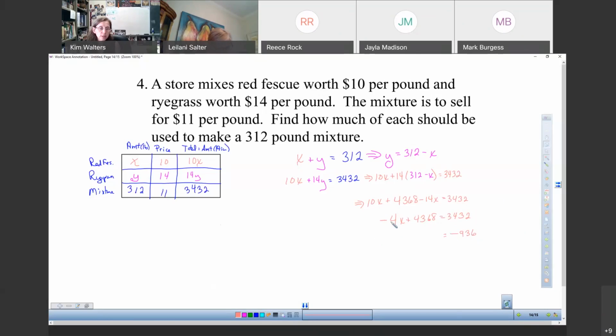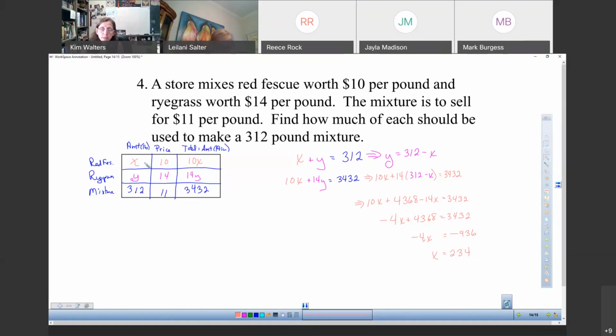And if I lose this negative that's attached to the 4, I'm going to be in trouble because I'm going to get a negative number of pounds. Guys, that is not happening. So don't get negatives on these. Please don't get negatives on these. Divide both sides by negative 4, and I get x is 234.